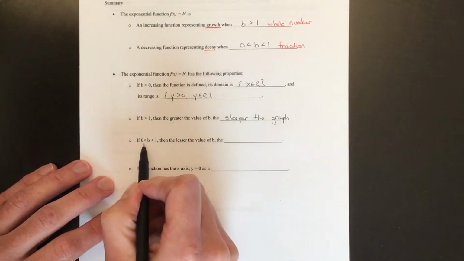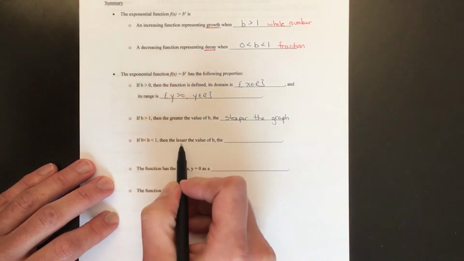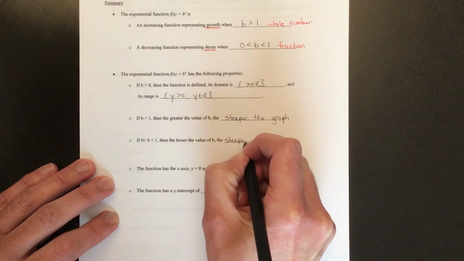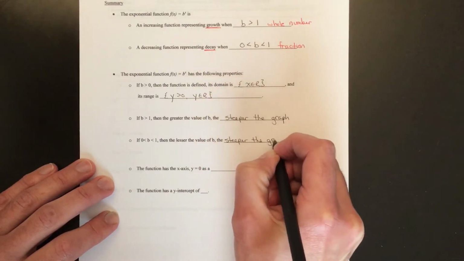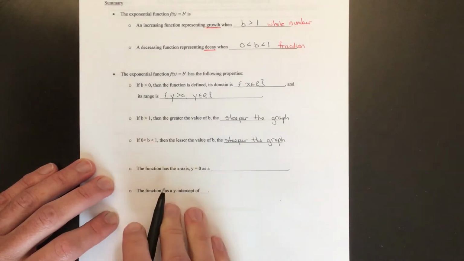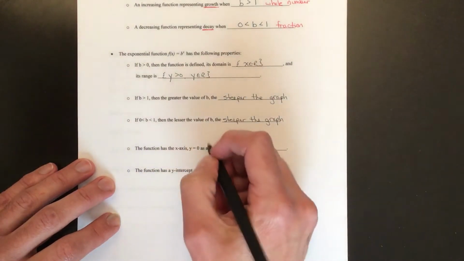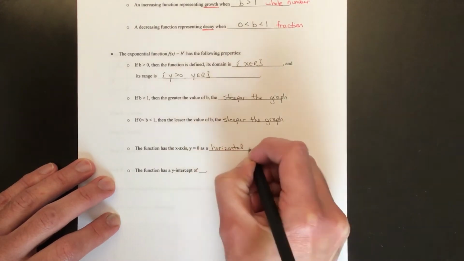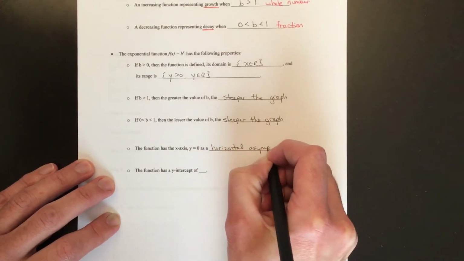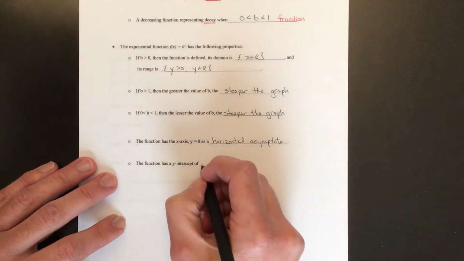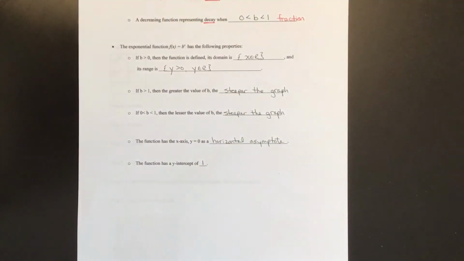And if my base is a fraction, meaning between 0 and 1, the smaller the base, the steeper the graph. The function has the x-axis where y equals 0 as a horizontal asymptote. And all the graphs, we noticed, they all have a y-intercept of 1.